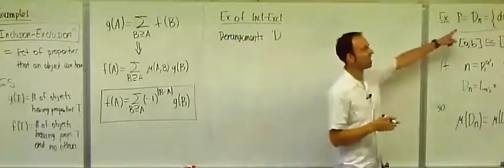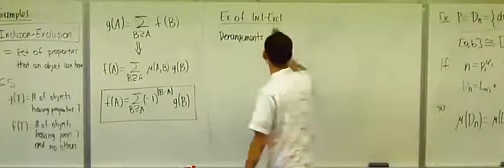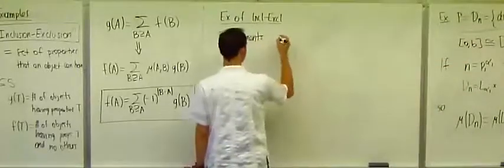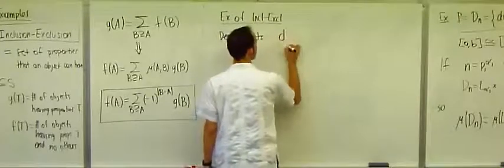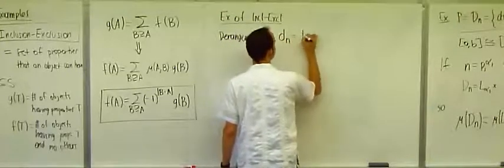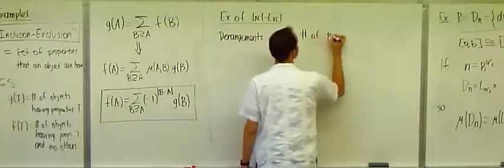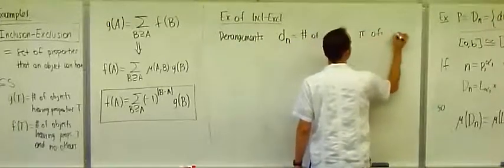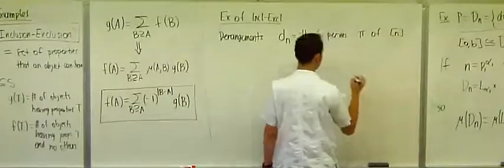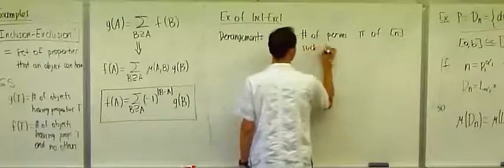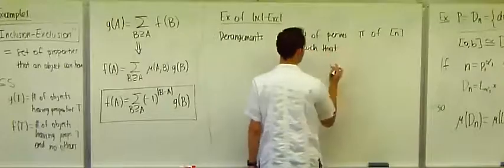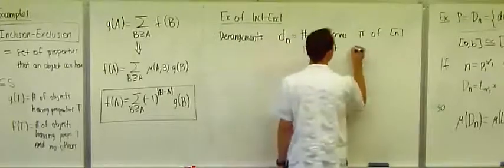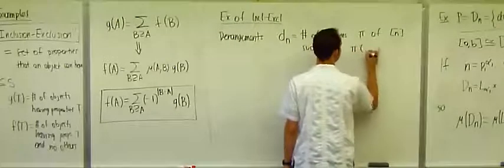They're also usually called D_n, but let me put lowercase n. d_n is equal to the number of permutations pi of the numbers from 1 up to n such that no element gets the right hat.